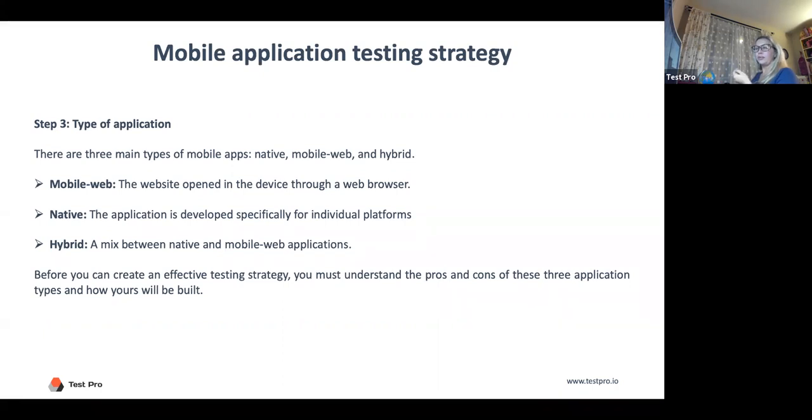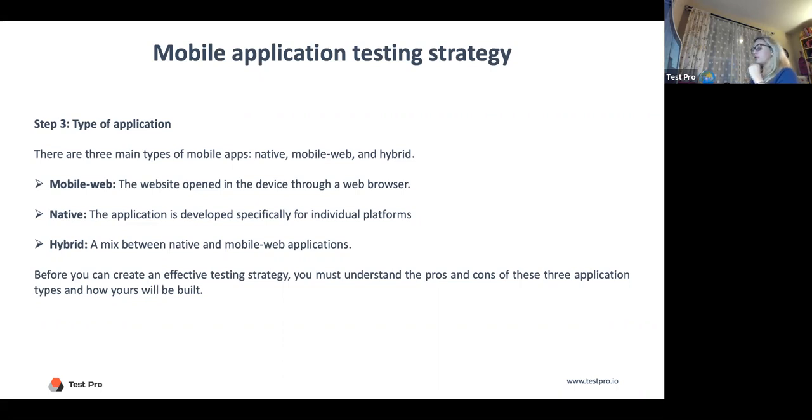Native means the application is developed specifically for individual platforms, for example, a native Android application, a native iOS application, or something already built specifically into the device. And hybrid is a mix between native and mobile web applications.